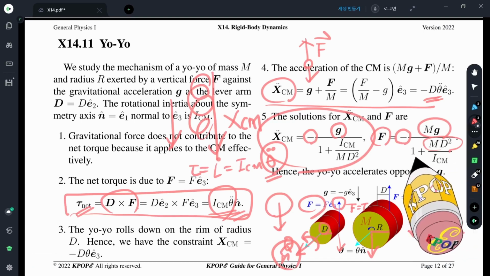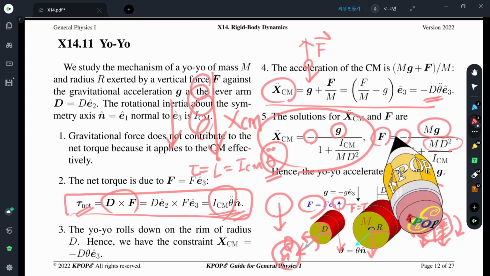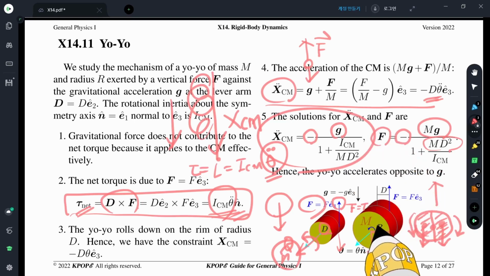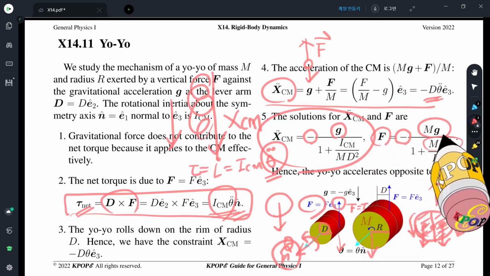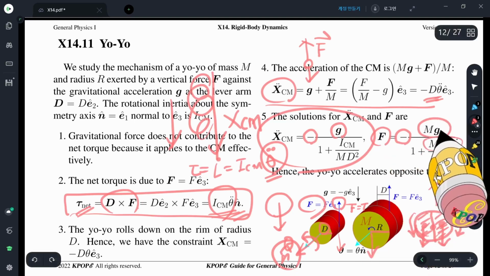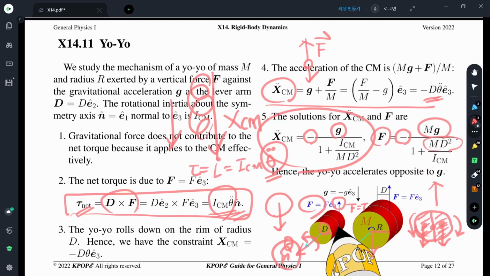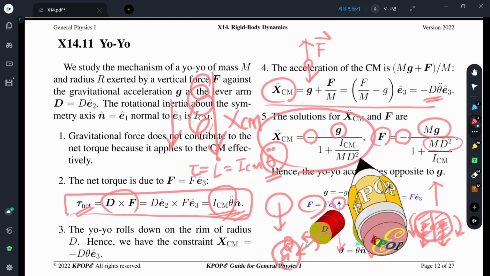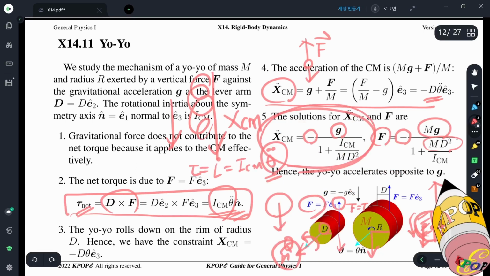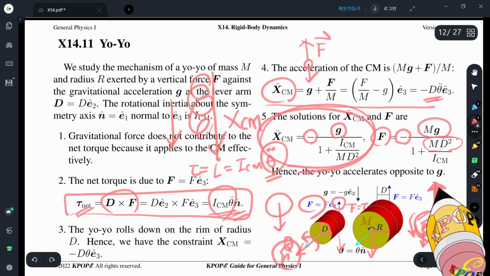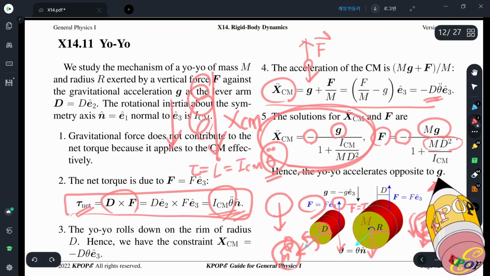Because the denominator is greater than 1, the magnitude of the force applied to the yo-yo is smaller than the weight. The weight is mg. So even though we apply the small amount of force to the inner radius, the resultant acceleration is not going down but going up. It's not a miracle. It is a result of physics, consequence of physics.